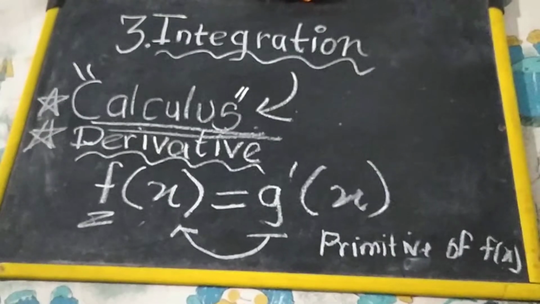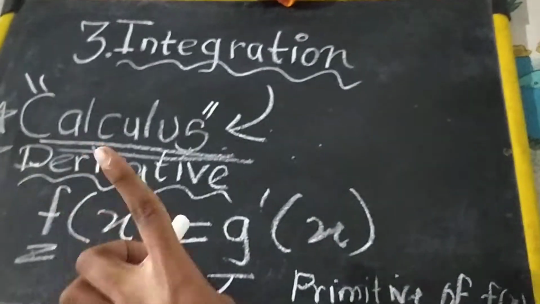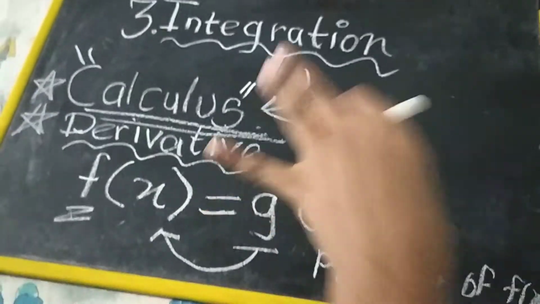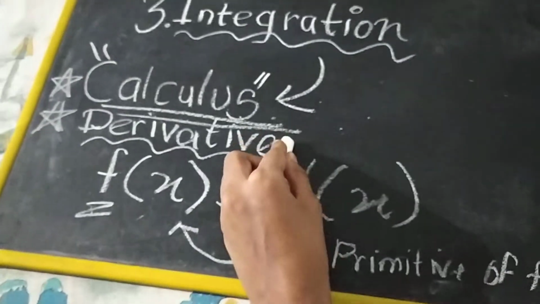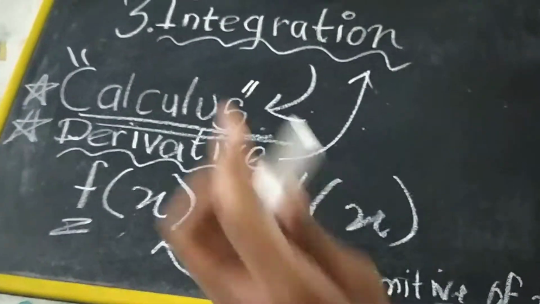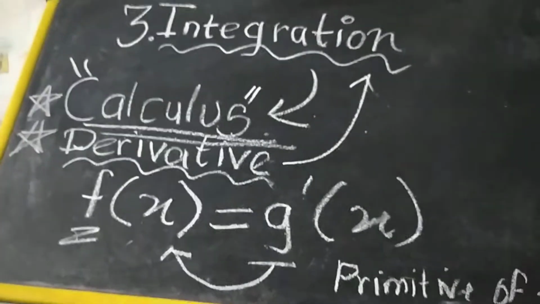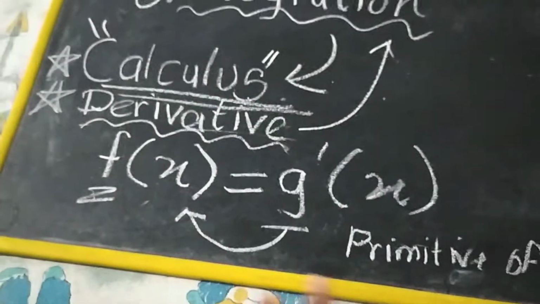Now let me start by telling you what is integration. Now you have understood that integration is nothing but the inverse of derivative. But even though derivative and integration are related topics, integration has some things which are way different from derivatives.